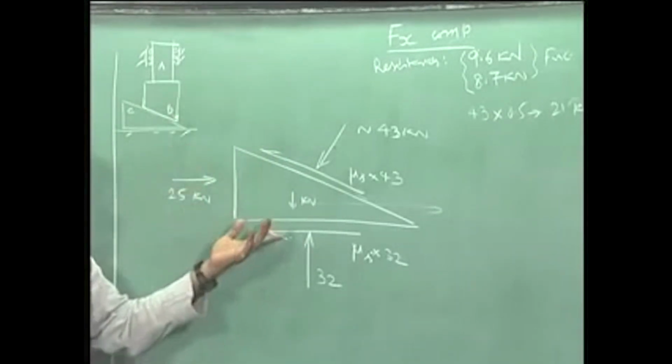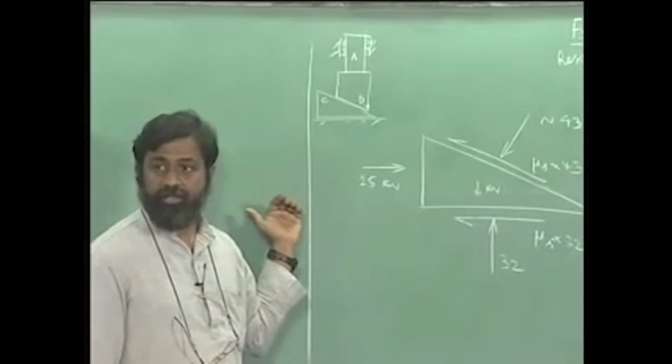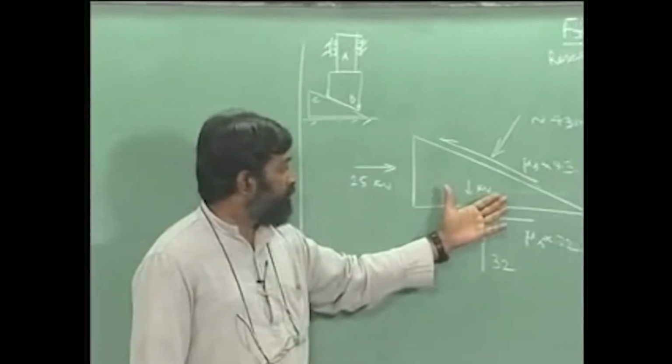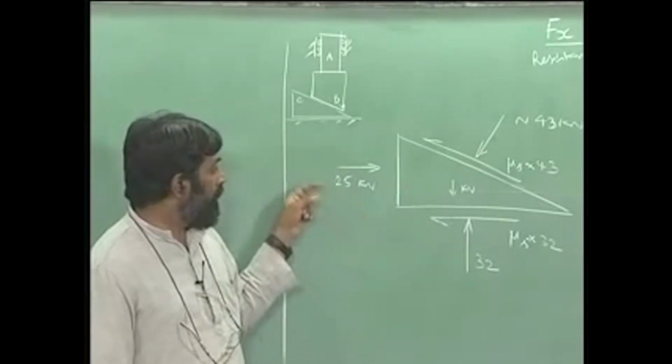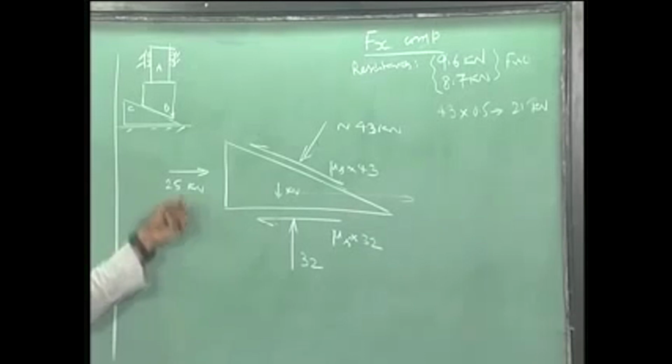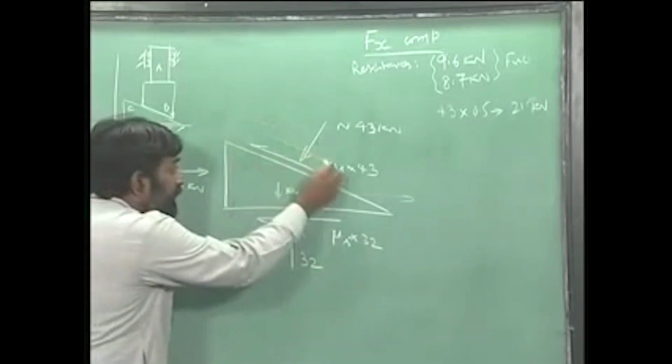Let us look at the other possibility: can this wedge move towards the left hand direction? If it is moving towards the left hand direction, it has to resist this 25 kilonewtons, and it has to resist the 2 frictional forces now in the opposite direction.